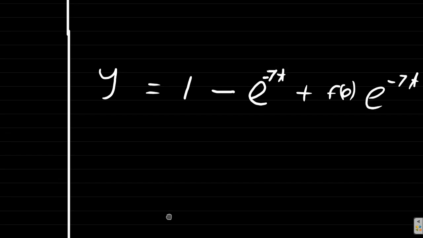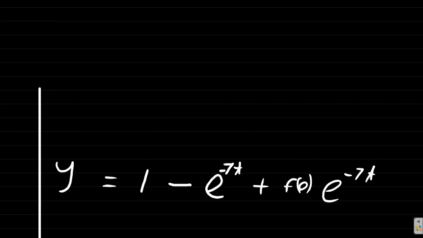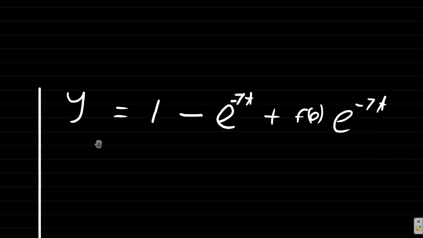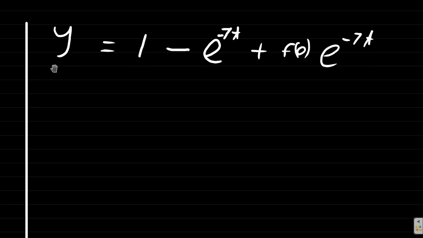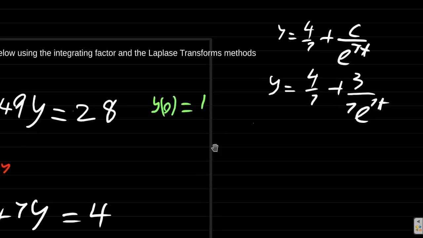I'm saving energy by not having to rewrite all of this. Anyway, this is y equals 1. You could write this as plus e to the negative 7t times open bracket f of 0 minus 1. All right. So that's what we have as the general solution, right?